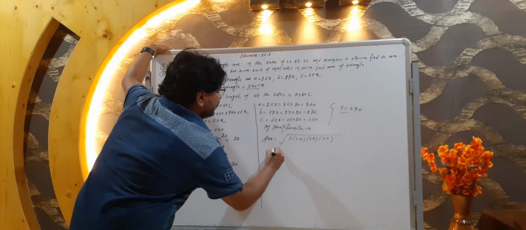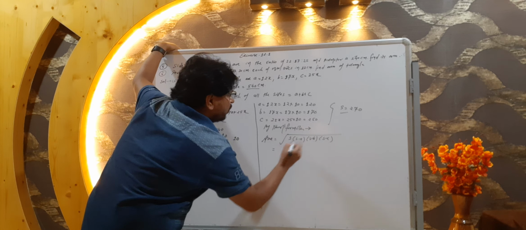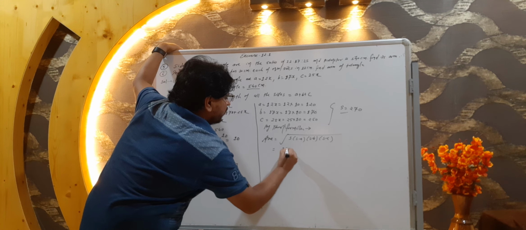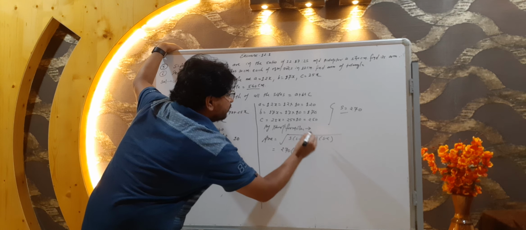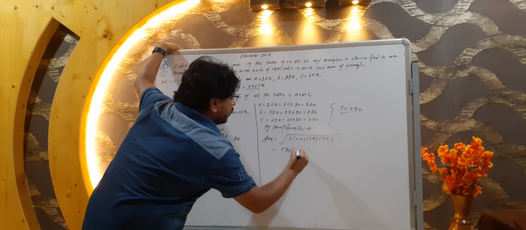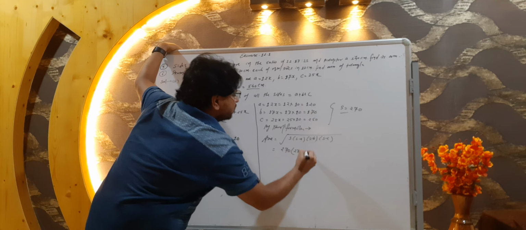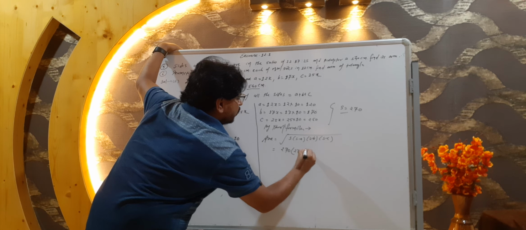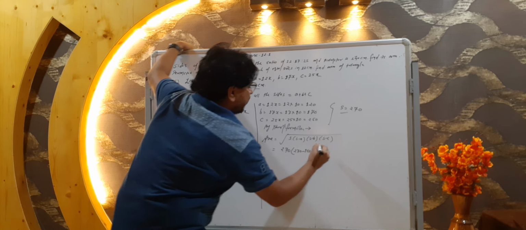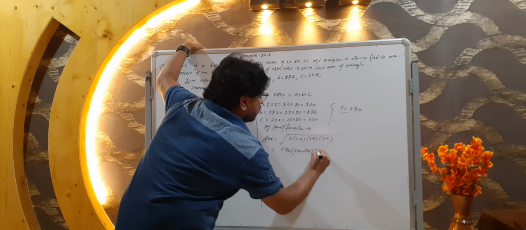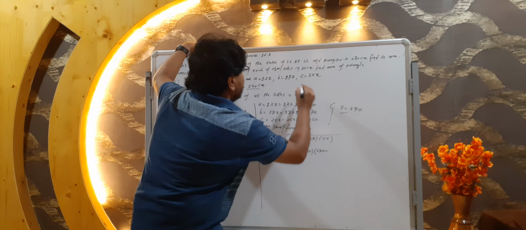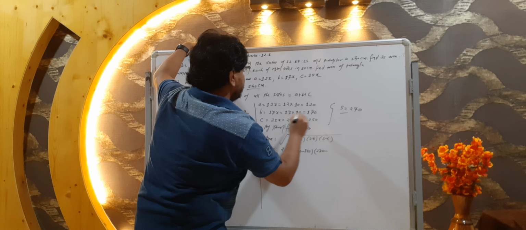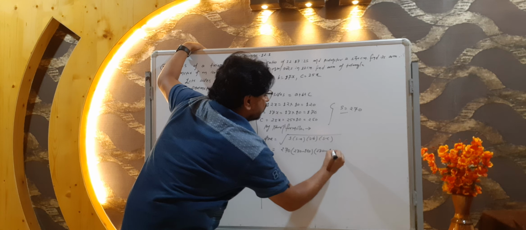Then what will happen? We have to put in all the values. What to put in place of s? 270. s minus a, in that case 270 minus 120. Same, s minus b. What is the value of s? 270. And what is the value of b here? 170.